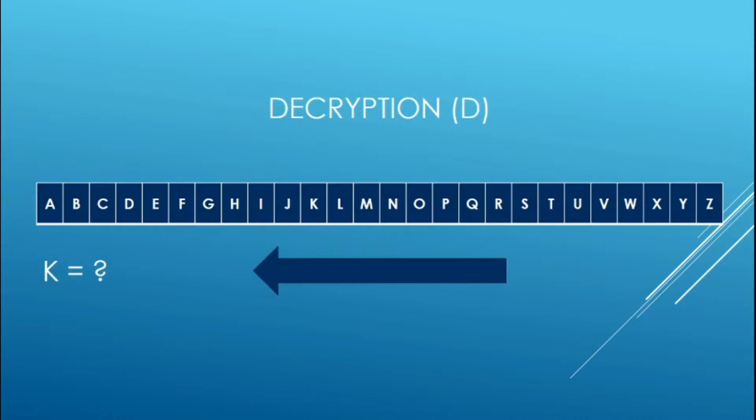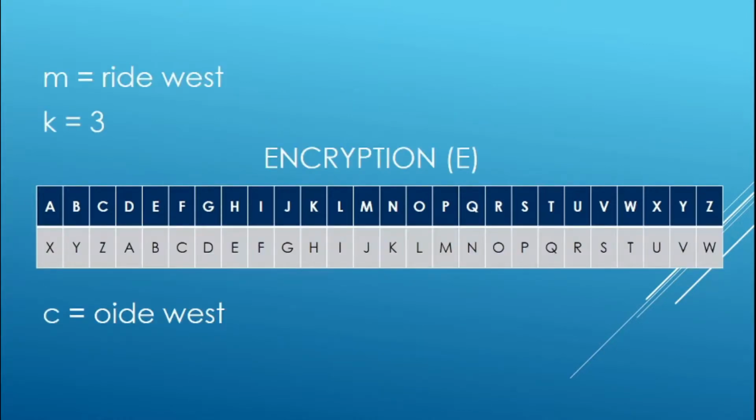And to decrypt a message kailangan nating i-shift yung message backward. So here's an example. For example, our plain text, our message is ride west and our key is 3. So meaning to say what we're going to do is we're going to shift the letters 3 steps to the right. We're going to shift it forward.